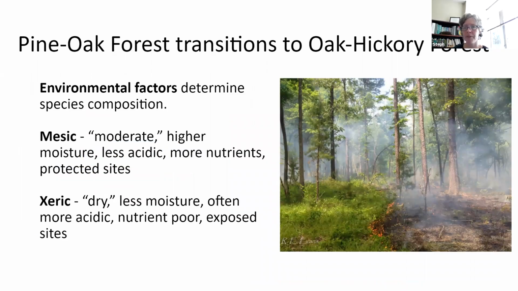And then the species composition of the forest really depends on certain factors. One factor that's really commonly used for Piedmont and mountain forests is Mesic forest versus xeric. So Mesic, right, translated means moderate. And so Mesic forest has a higher level of moisture. I'm saying here that it's less acidic soils with more nutrients.